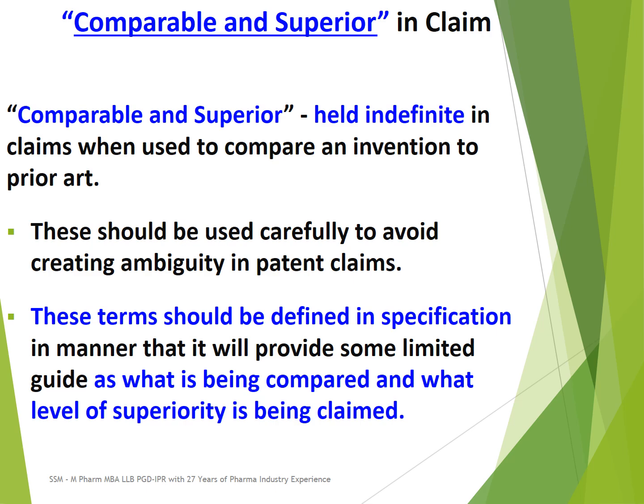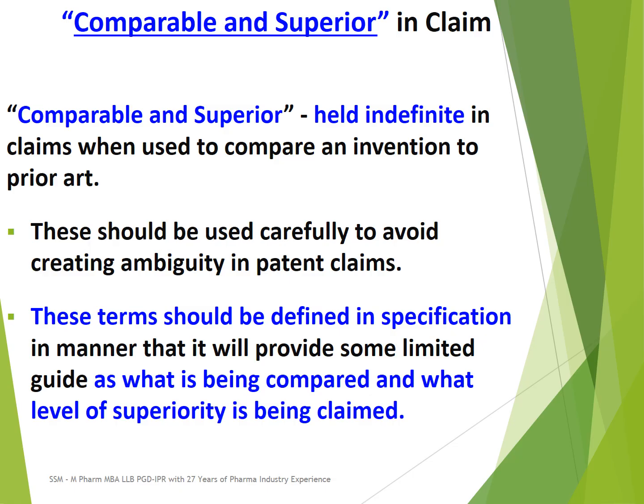Coming to "comparable" and "superior". The terms "comparable" and "superior", when used in a claim, were held by courts as indefinite or ambiguous when used to compare an invention to prior art.